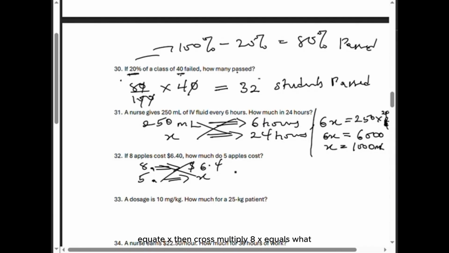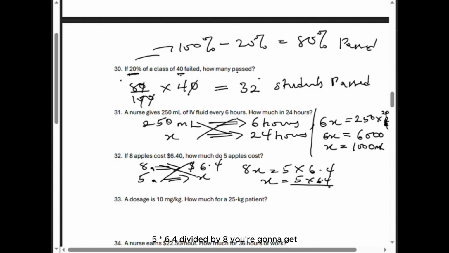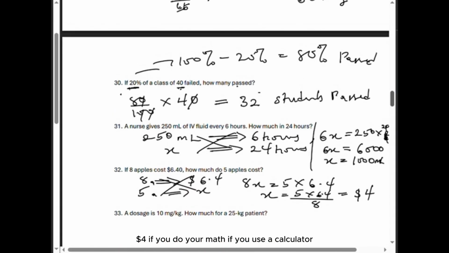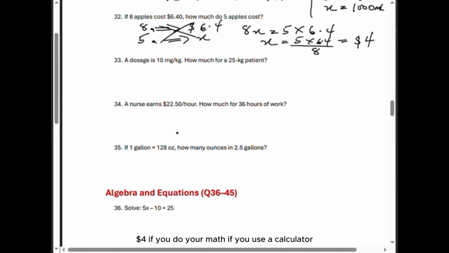Then cross multiply. 8x equals 5 times 6.4. You have x as 5 times 6.4 divided by 8. You're going to get $4 if you use a calculator.